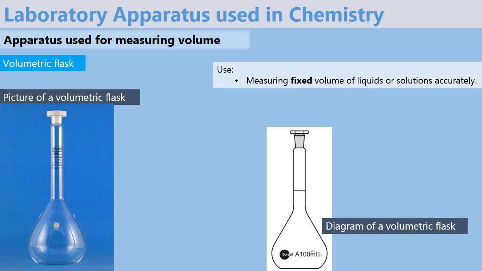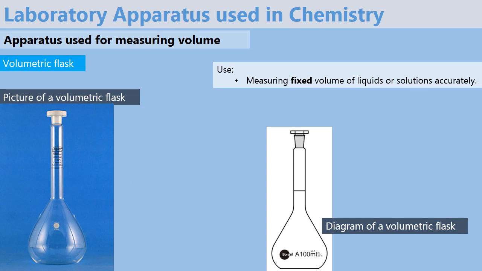However, as opposed to the pipette, you see the difference is obvious. The volumetric flask can measure a large amount of volume, and also they're just used for measuring and storing the solutions, but a pipette is used for delivering the solutions.